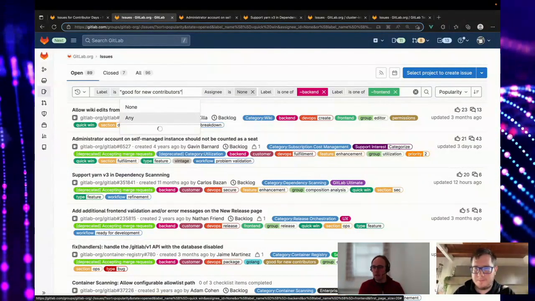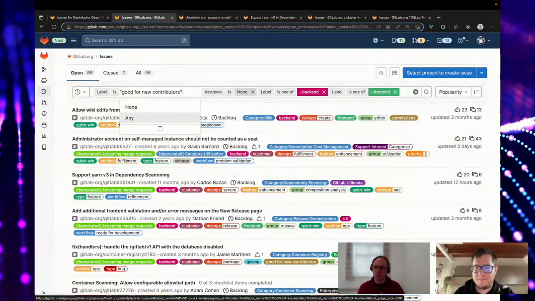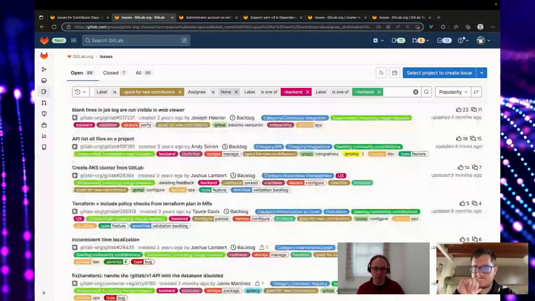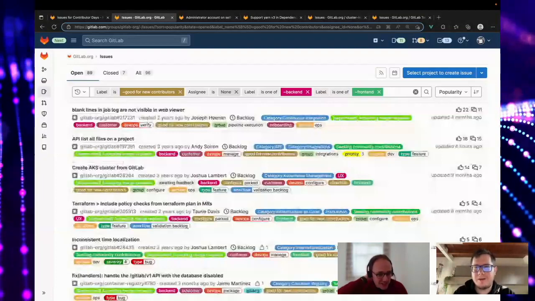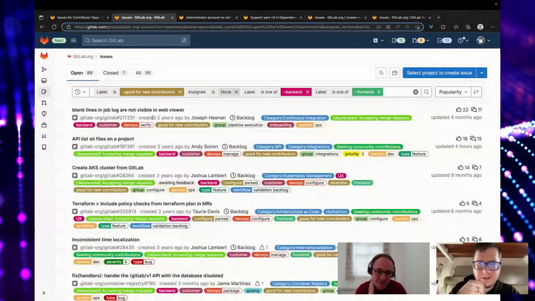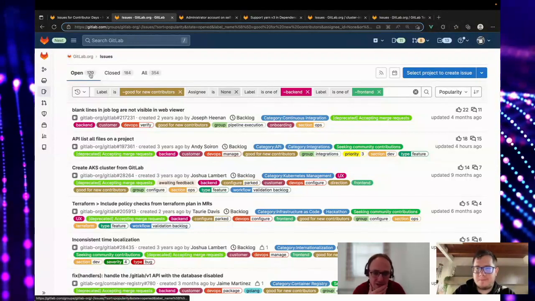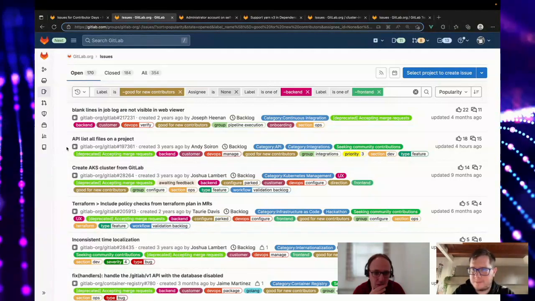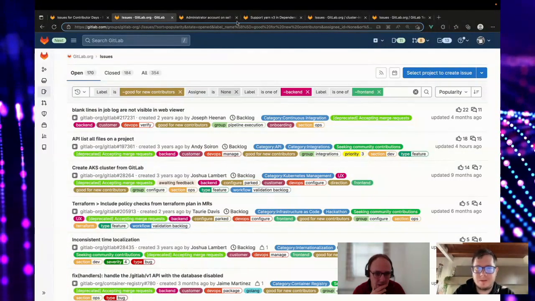This is something I got started at the beginning of December, so I probably just need to wrap that up and finally make the change to change these to quick wins. But there's already 170 issues here, so that's possibly a good one. Yeah, I think we should go with this one.